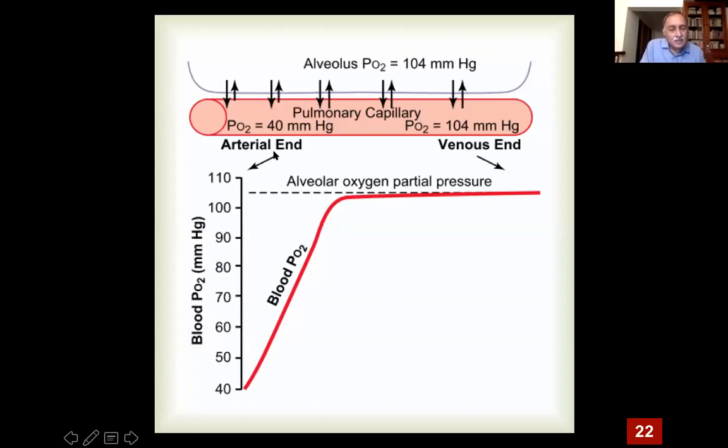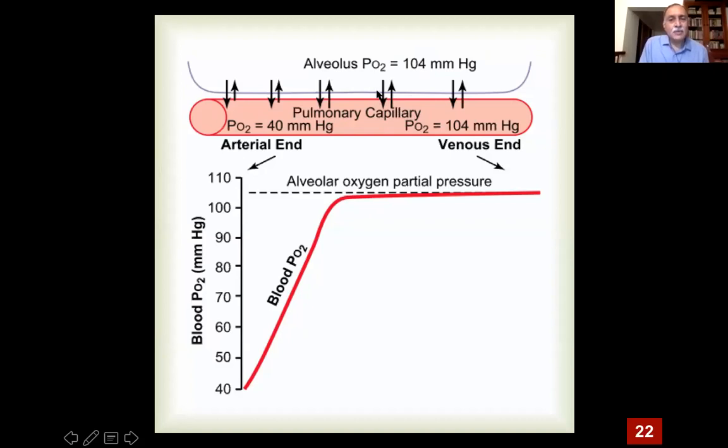Now, I've taken diagrams from different textbooks, so there may be a slight difference in the numbers depicted. The PO2 I told you was 100, but we can take it as 104 also, the alveolar PO2, 100 or 104, because of the different source from which I've taken this particular diagram. In the top half, you have the pulmonary capillary.